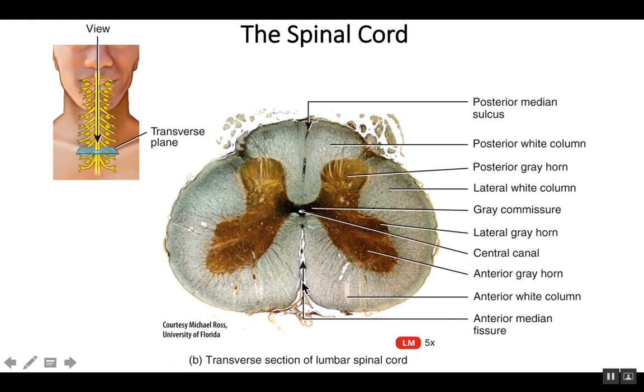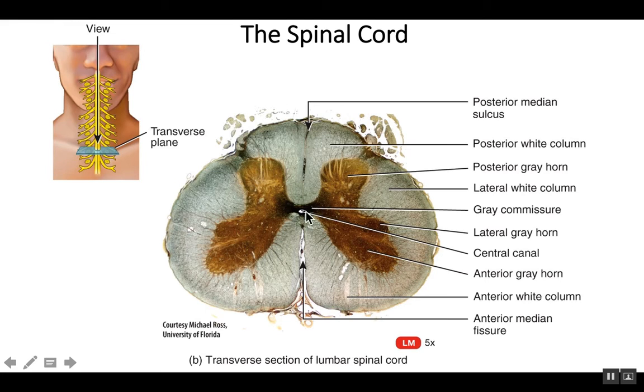That's one way you can typically determine the anterior and posterior. Down the front of the spinal cord, there's a much deeper fissure, whereas in the posterior, there's a shallow sulcus. What's more important is to understand what kind of function the white matter serves versus the gray matter, which we'll be talking about on subsequent slides.